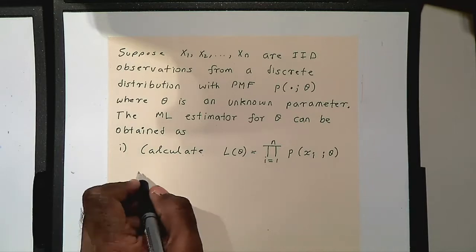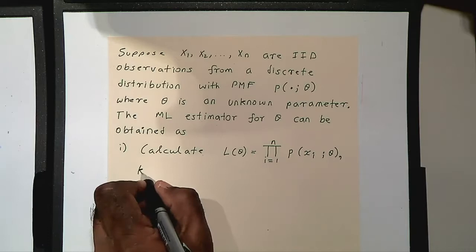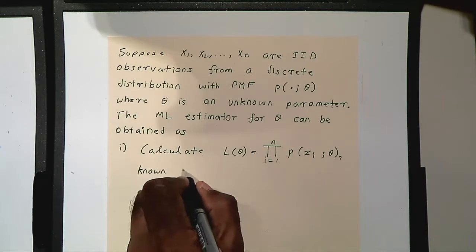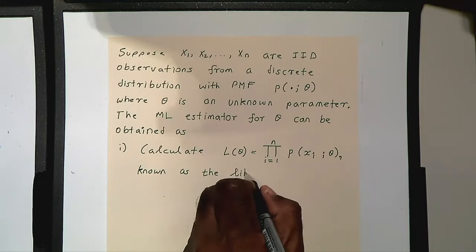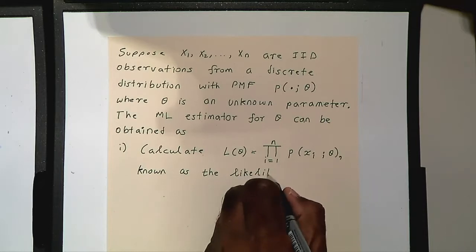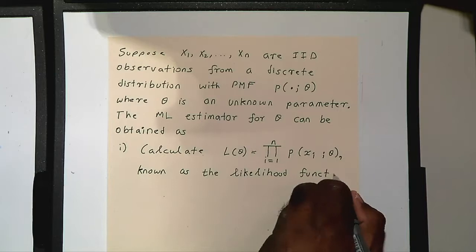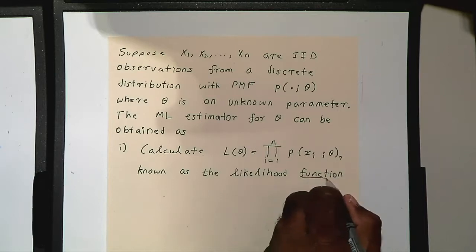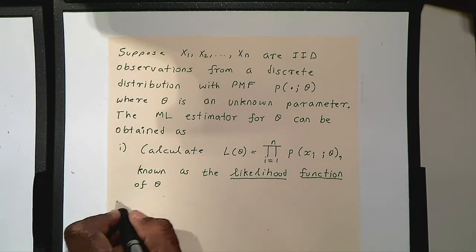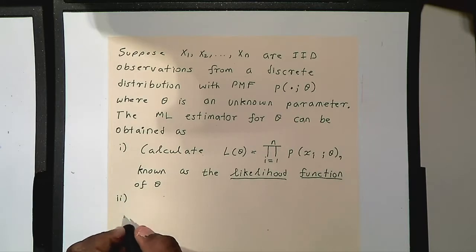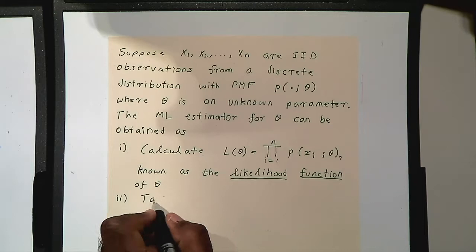So this is once again known as the likelihood function of theta. Okay, that's step number one. Step number two is once again take the log of L of theta.